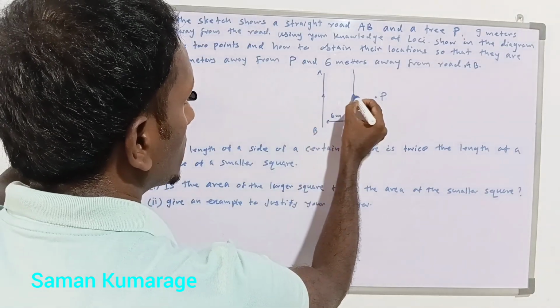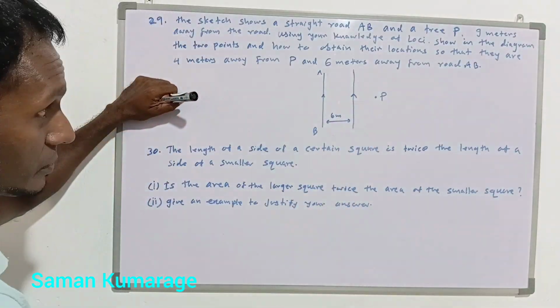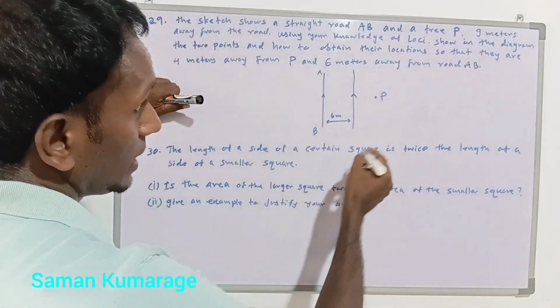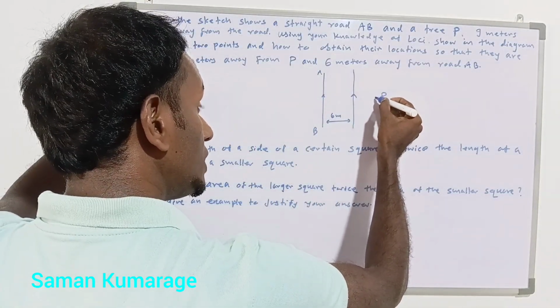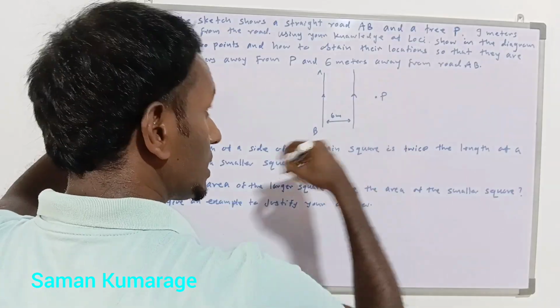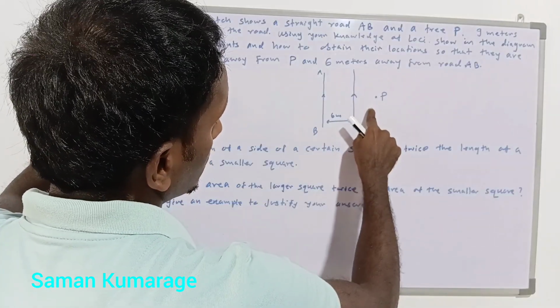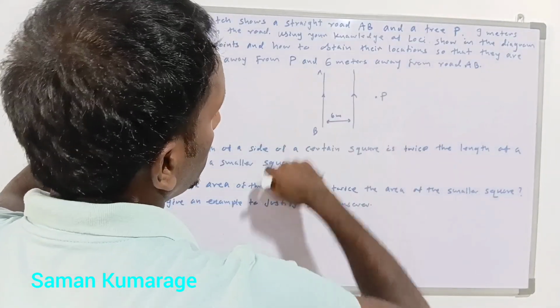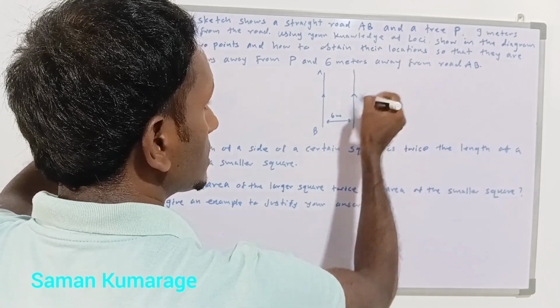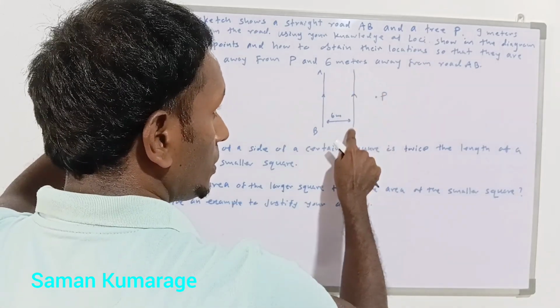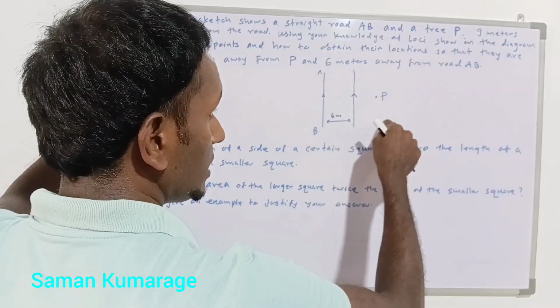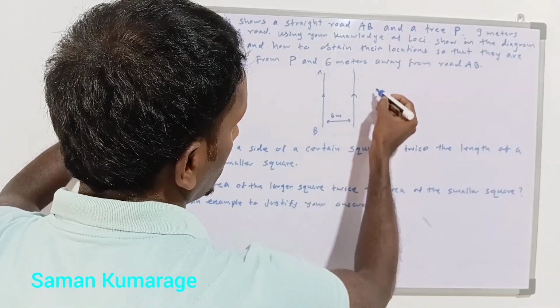These two lines are parallel. And then we have to draw an arc or circle with a radius of 4 meters such that this parallel line and this circle intersect at 2 points.